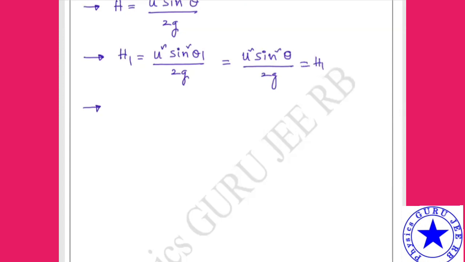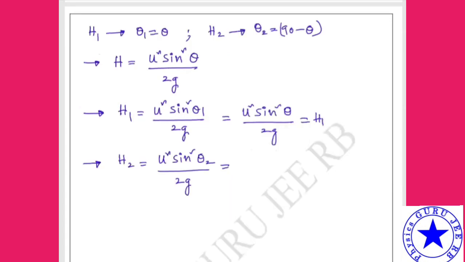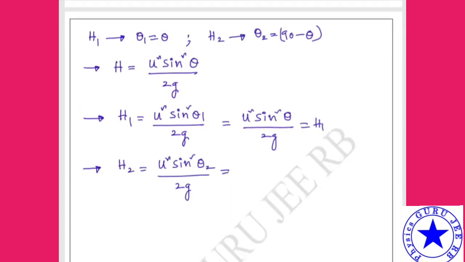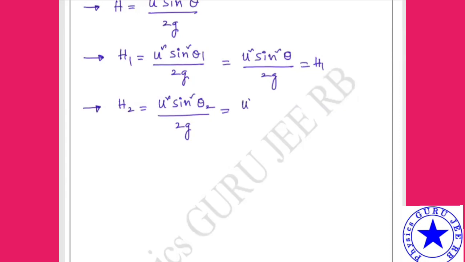Hope this is clear. Now H2 equals, in a similar manner, u square sine square theta 2 divided by 2g. But what is theta 2? Theta 2 is nothing but 90 minus theta. So u square sine square of 90 minus theta divided by 2g.